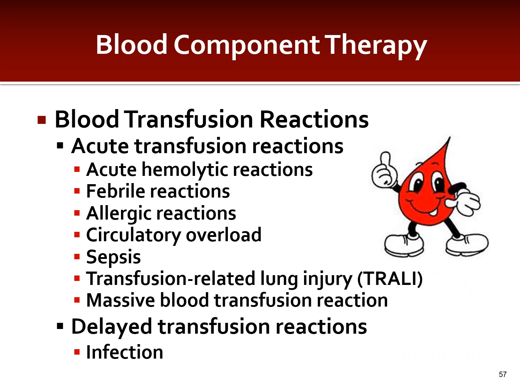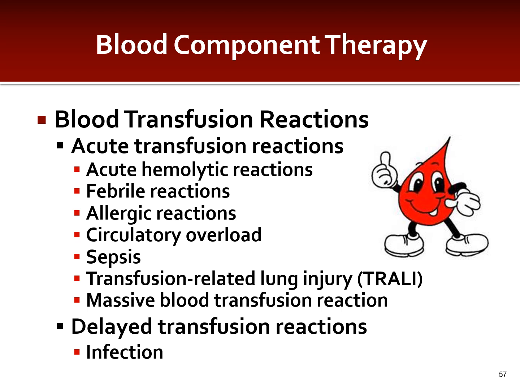And some of those could be febrile reaction, allergic reaction, circulatory overload. You don't want to give it too fast because you can put the client in overload. They could also have a delayed transfusion reaction, infection, transfusion related lung injury.